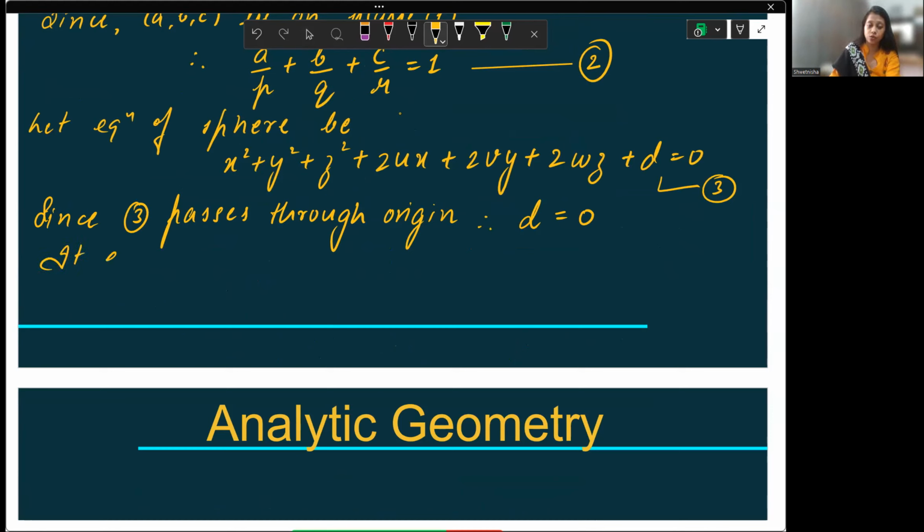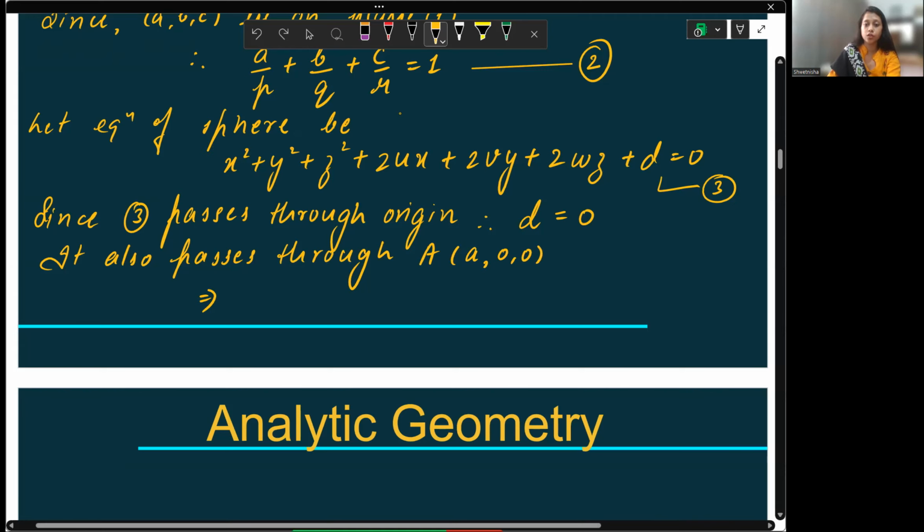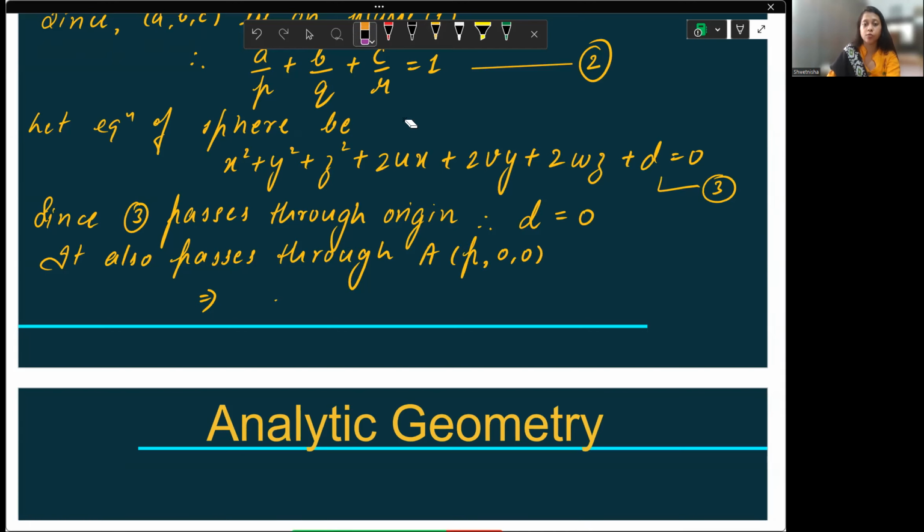It also passes through the point P, 0, 0. What does that mean? Just substitute x as P and y and z as 0 and 0. Sorry, that's not A, that's P. So that is P square plus 2uP. All the terms that do not contain x vanish because y and z are 0. So that is equal to 0.